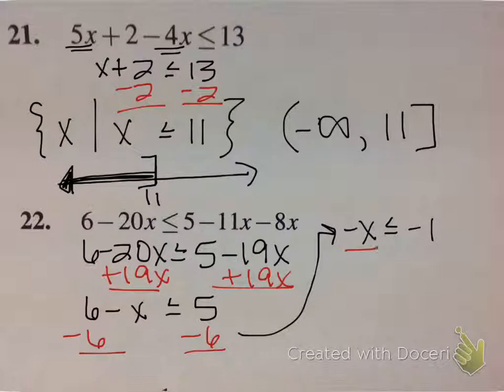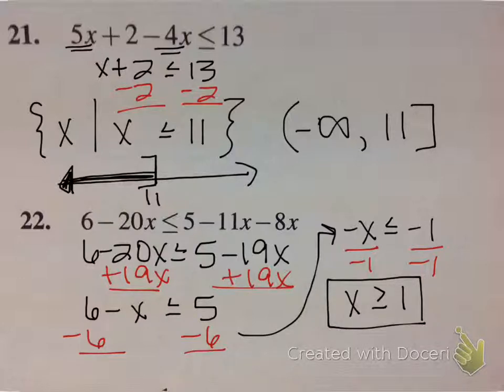And then to get x by itself, I have to divide by negative 1, which is going to leave me x greater than or equal to positive 1. Remember that when you solve inequalities and you have to multiply or divide by negative, then you have to reverse your symbol. So I have x greater than or equal to 1. Now, that's not in set builder or interval notation.